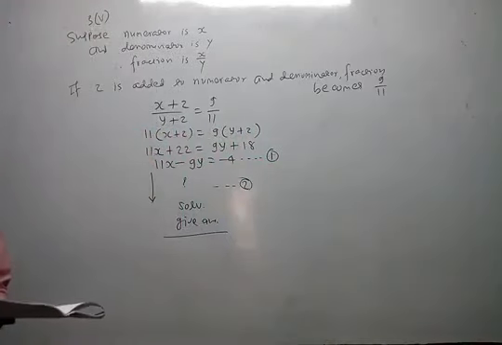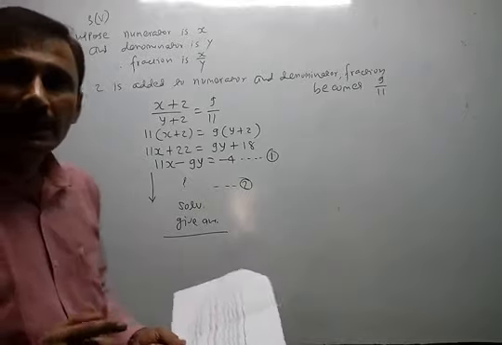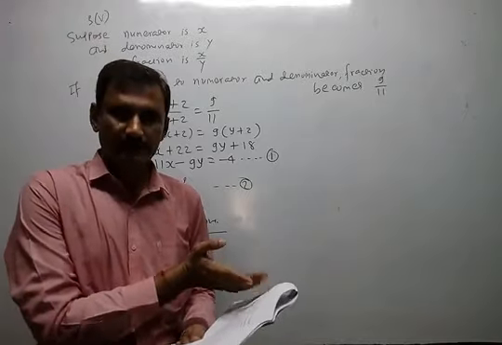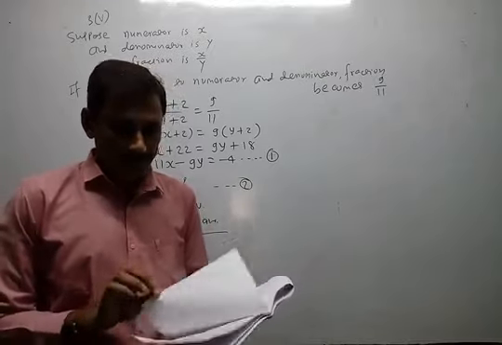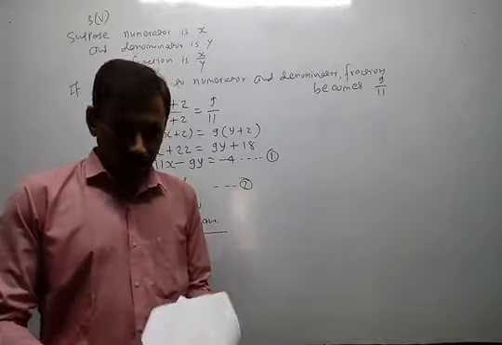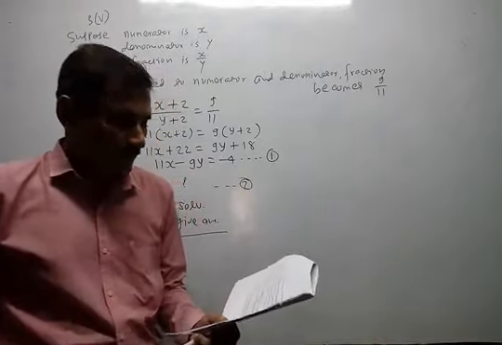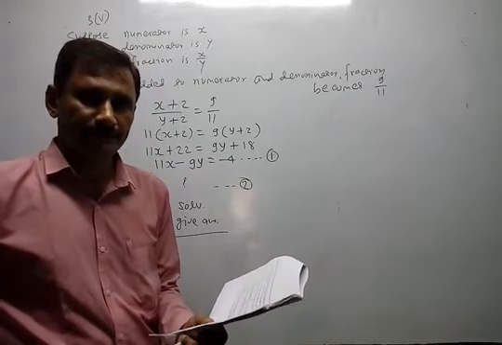5 years hence. This type of question we already solved in the previous exercise 3.1 also, and might be in earlier ones too. So what is given? 5 years hence, the age of Jacob will be 3 times that of his son.